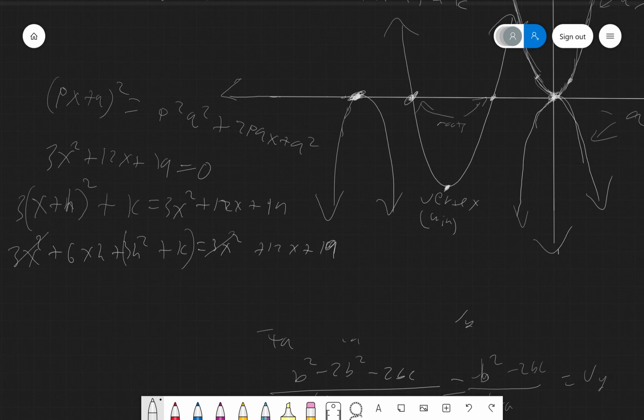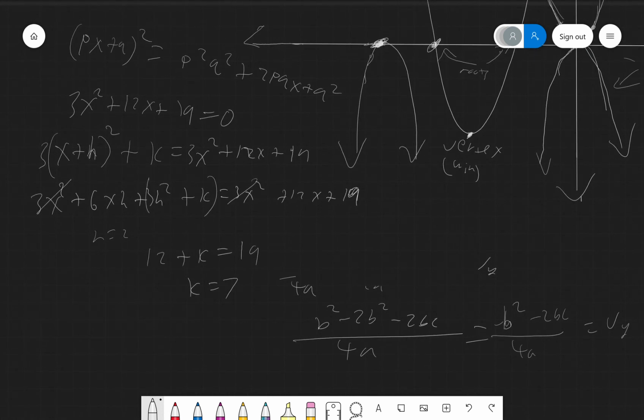But if h equals 2, then here we're going to have 12 plus k equals 19. So k is equal to 7, and that's our leftover. So completing the square is just that. But no, sorry, this isn't completing the square. That's how you get to vertex form.